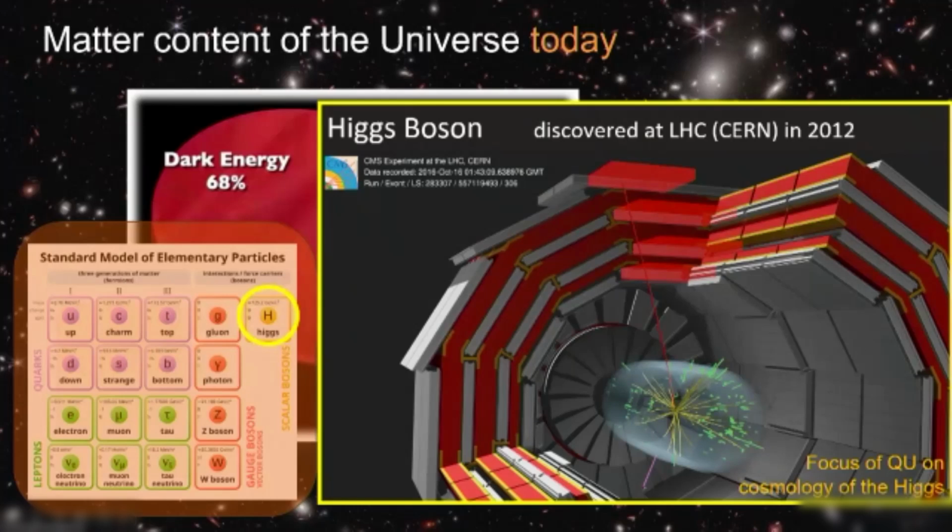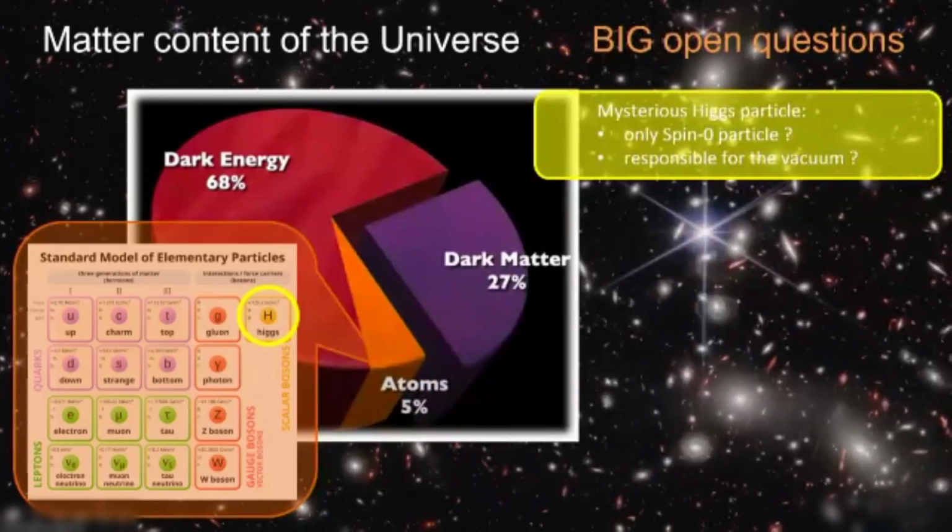The bosons that transmit the forces between the fermions are of spin 1, and the Higgs is the only one with spin 0. We can ask ourselves why that is the case. So among the big open questions for fundamental physics these days is better understanding the Higgs particle itself: why it has a spin 0, what does it tell us?